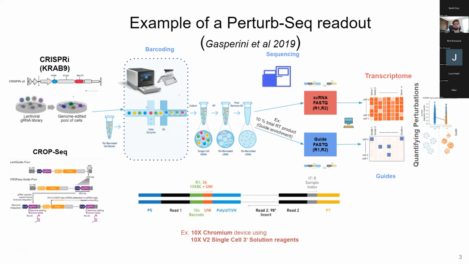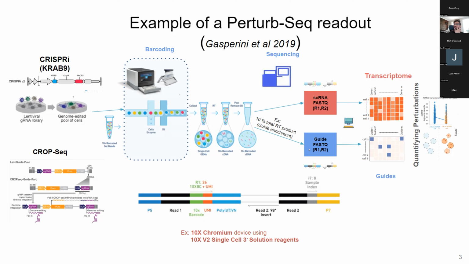Briefly, you go through the barcoding step, get the samples, make the droplets and the barcoding. For this Gasperini data set, one part of the library is sequenced for single-cell RNA-seq, and another part is used to sequence the guides.